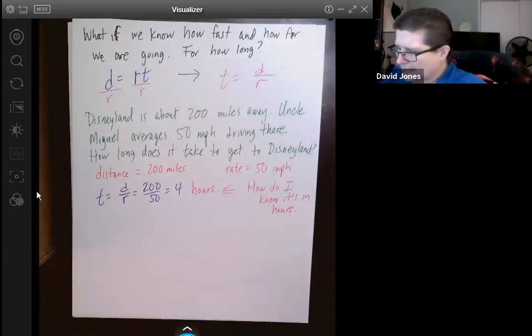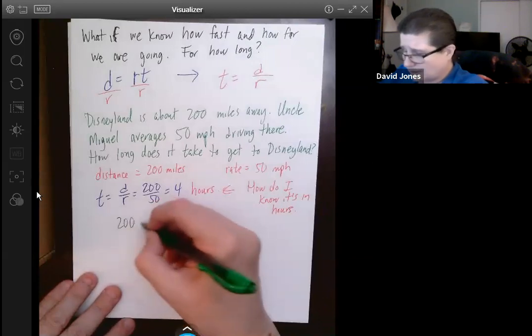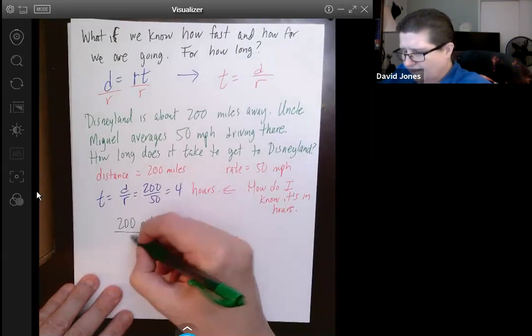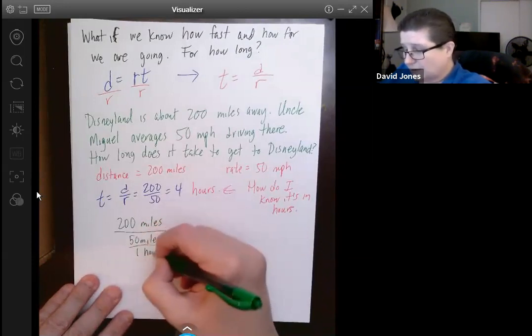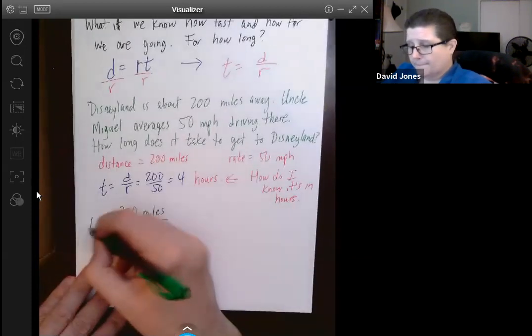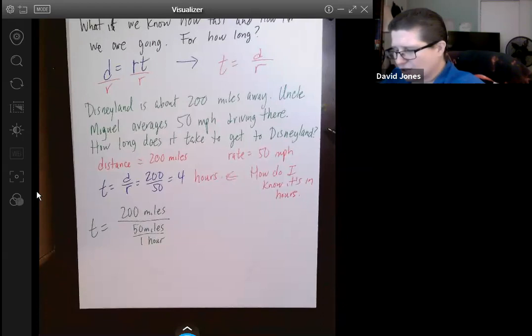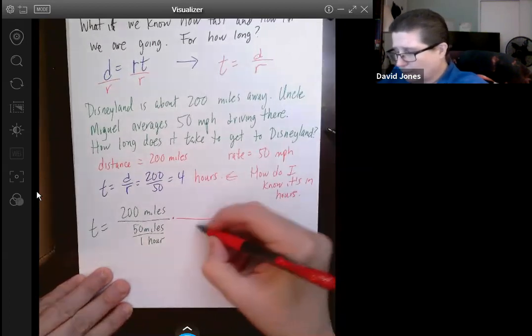Let's go back and write this the way it is. I've got 200 miles over 50 miles per 1 hour. Now I've got a complex fraction. The way you deal with complex fractions is you multiply top and bottom by the reciprocal of the bottom.